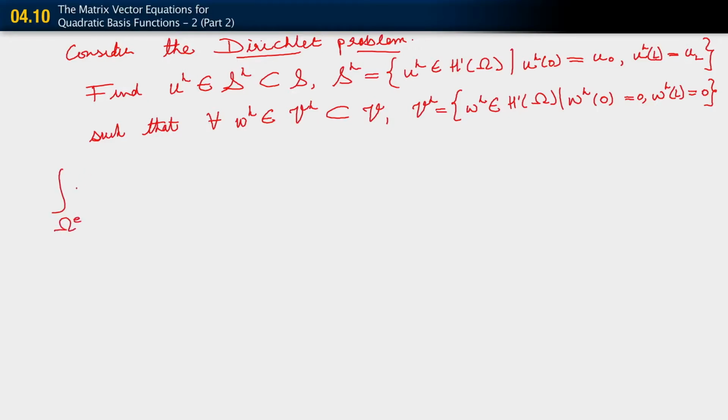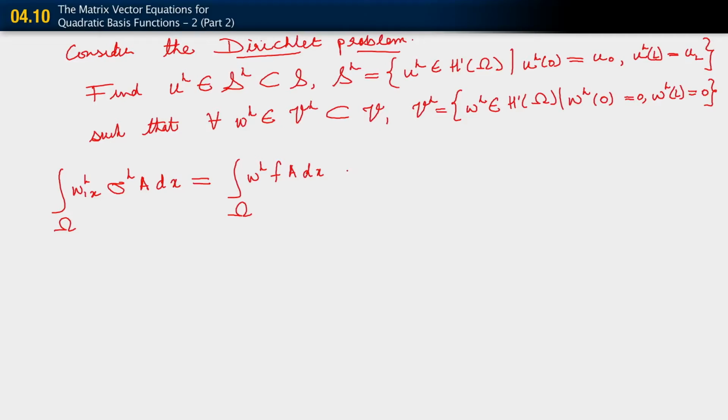Integral over omega of w^h comma x, sigma^h A dx equals integral over omega, I've been saying integral over omega_E, it's actually the integral over the entire domain omega, of w^h f A dx, plus nothing, because we don't have a Neumann condition. That's it. That is our weak form.